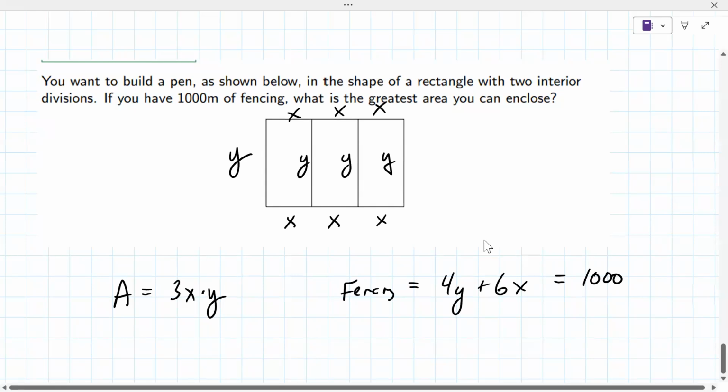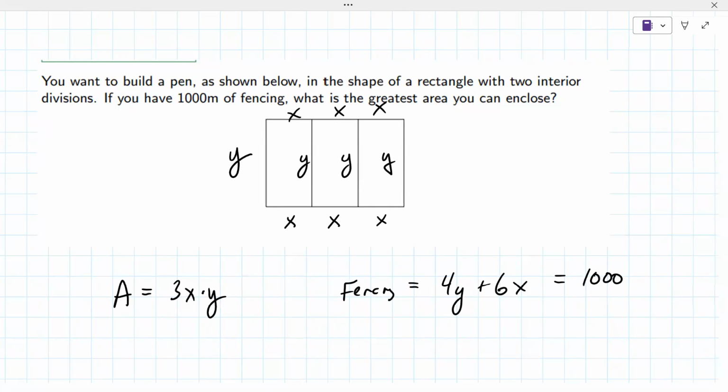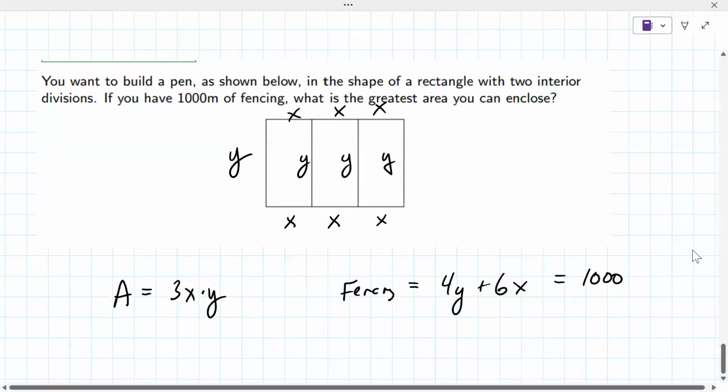Sometimes in textbooks, you'll see this whole length is x, and then they cut it into thirds. I would not do it that way. And then we solve for y, right? You can actually solve for either variable.